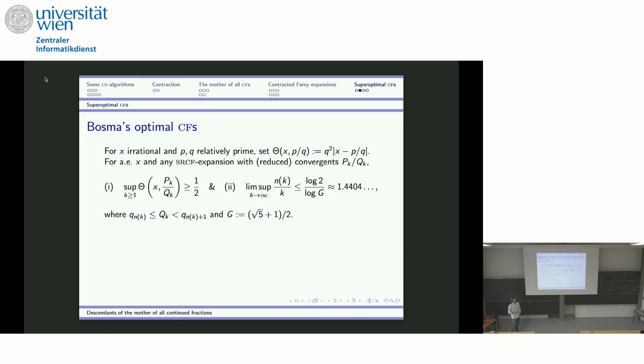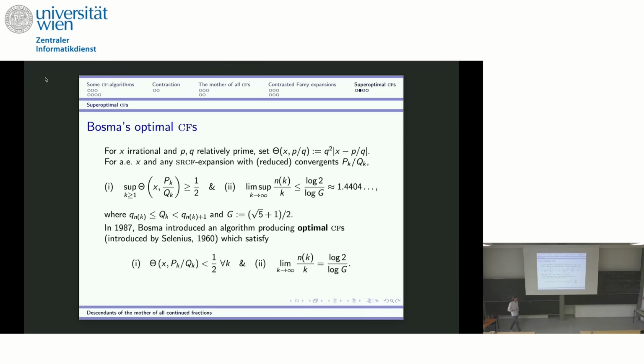This ratio is really comparing the growth rate of the denominators of our semi-regular continued fraction expansion to the growth rate of the regular continued fraction expansion denominators. And one can show that the lim sup, as k goes to infinity, of this growth rate is bounded by log 2 over log g, where g is the golden ratio. So semi-regular continued fractions can converge quicker than regular continued fractions, but not too quick. It's bounded by this upper bound.